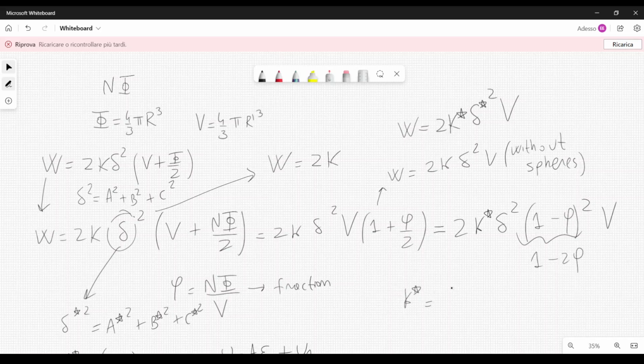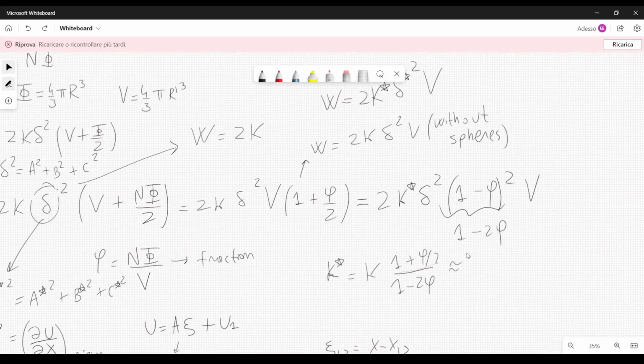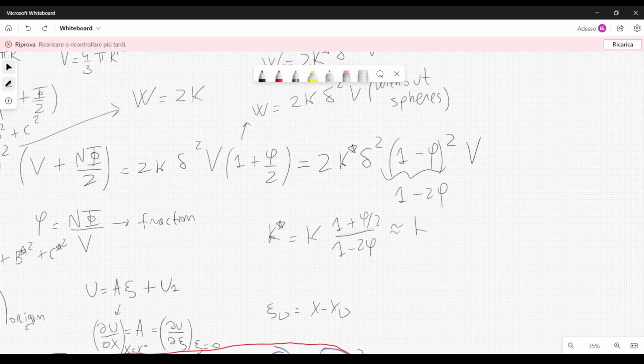K star is equal to k times 1 plus phi over 2 divided by 1 minus 2 phi. And this is approximately equal to, if you consider the expansion of this function, so we consider phi to be small, this is k times, if phi is equal to 0, this is 1, and then we have plus the derivative of this function evaluated at phi equal to 0.